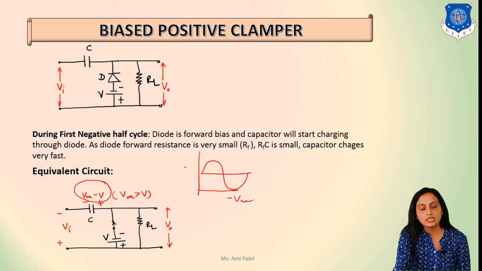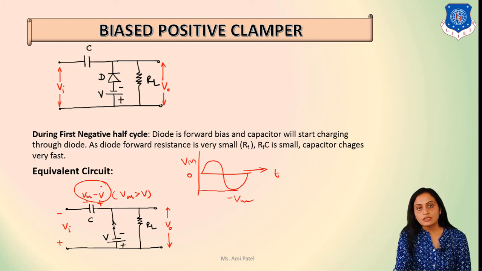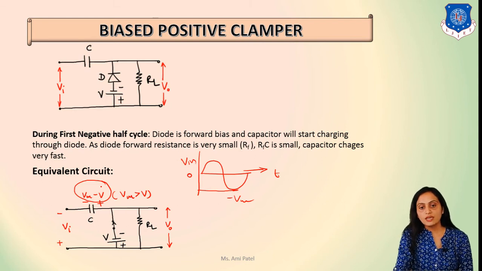This is the input signal, and when this reaches minus Vm, the capacitor will charge to this maximum value. I hope this part is clear, up to what voltage the capacitor is going to charge, because we are having this reference voltage kept over here.